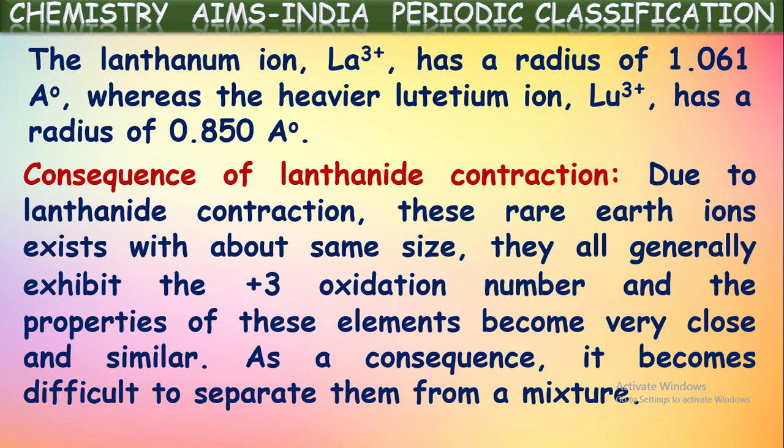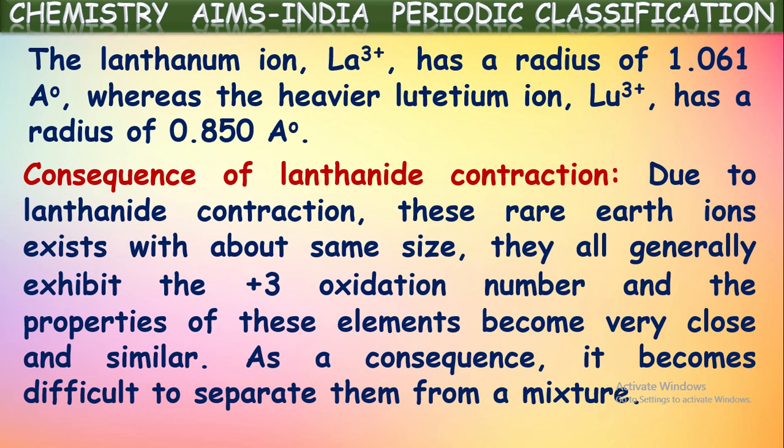If you observe the values of these two, lanthanum has a greater atomic radius, or greater size, than lutetium. From this we can say that from lanthanum to lutetium size gradually decreases. This is due to the poor shielding effect of inner electrons and the dispersed shape of the 4f subshell of these elements, and hence size decreases. That we are calling lanthanoid contraction.